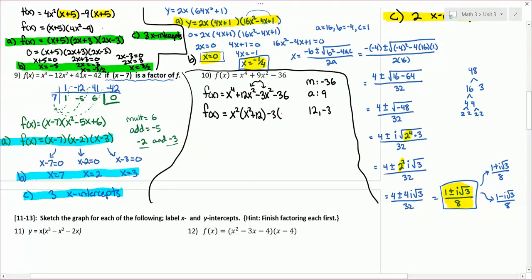And when you factor that out, we end up with x squared plus 12. Continuing, we can factor out the x squared plus 12 from both terms. That's the GCF. And we're left with x squared minus 3.